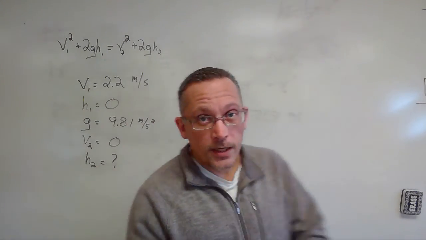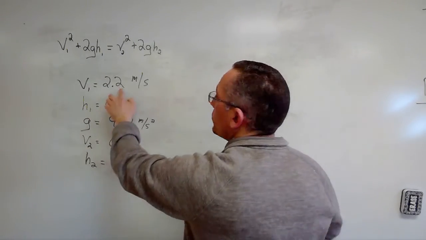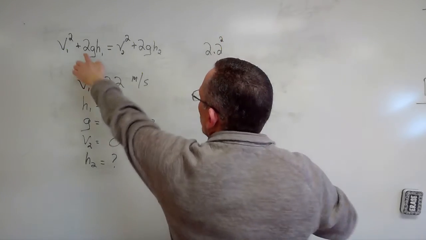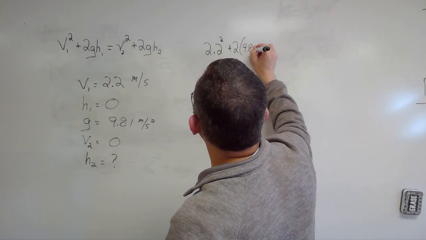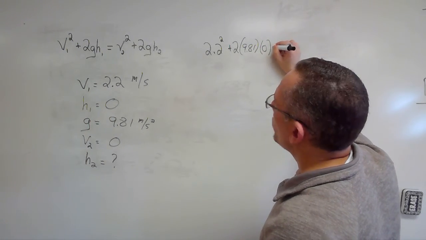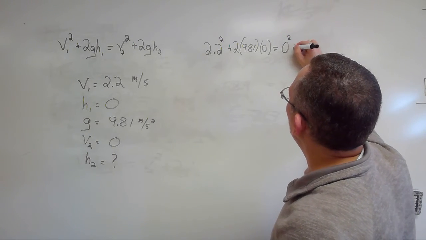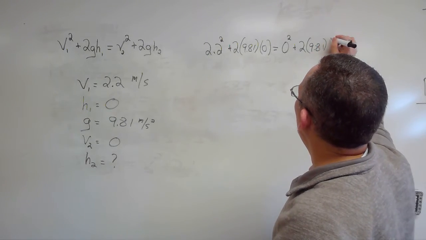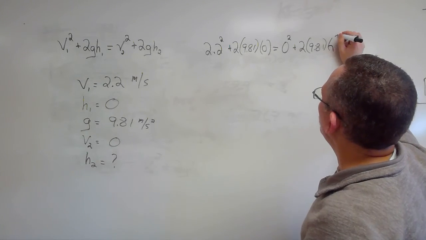So let's put the numbers in and work out what the answer is. So v1 is 2.2, that's squared, plus 2 times 9.81 times 0 equals v2, which is 0, plus 2 times 9.81 times h2. I'm just going to turn that into an h.